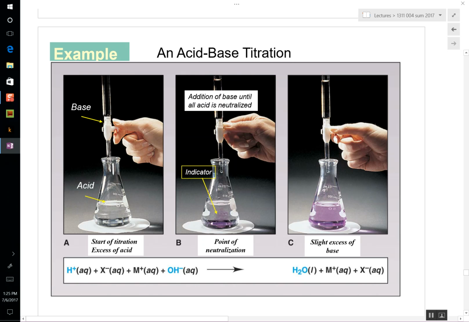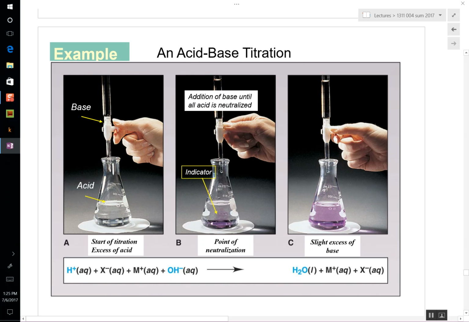The acid reacted with it, and it went back to this color. But eventually, with 1 drop of base, you get to a point where the color appears and lingers, which is telling you the flask is no longer acidic. You stop there. That's the end point of your titration.